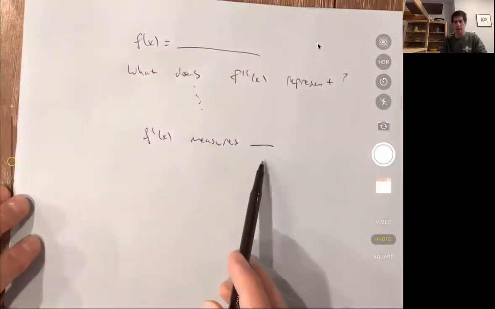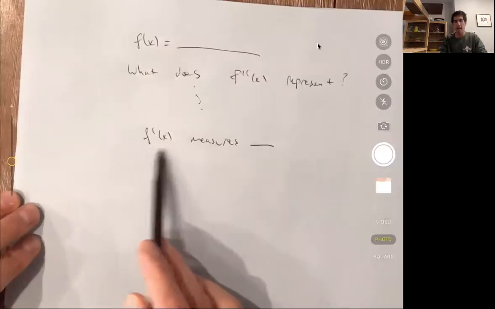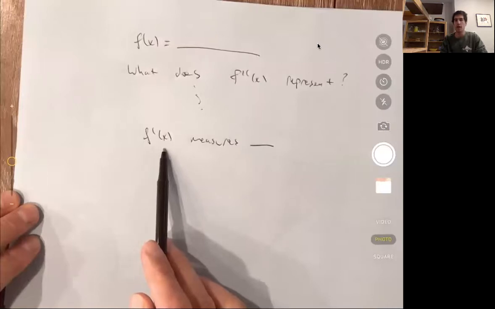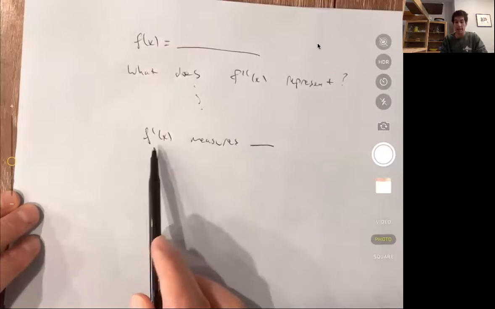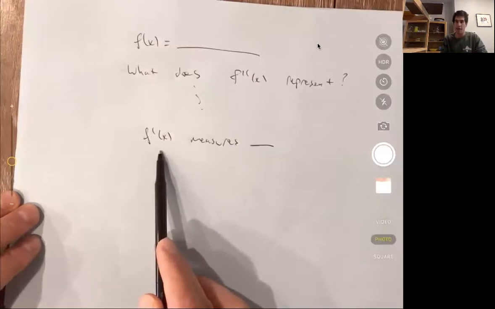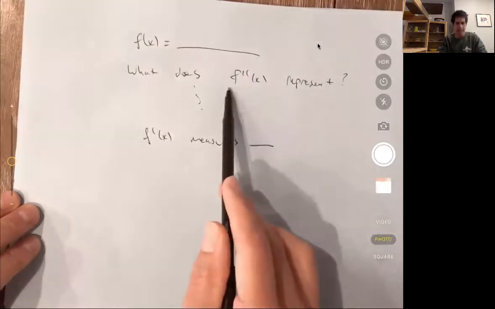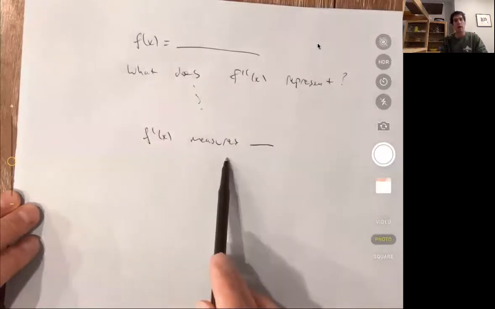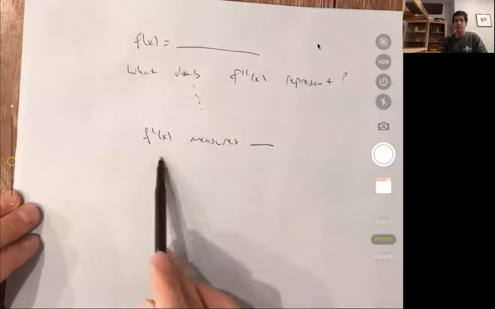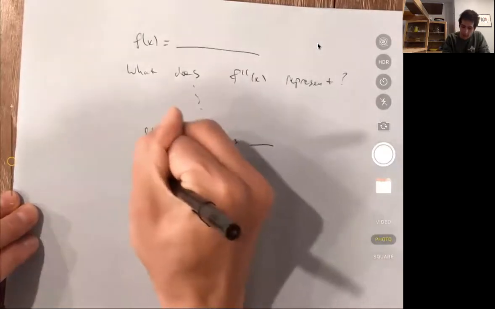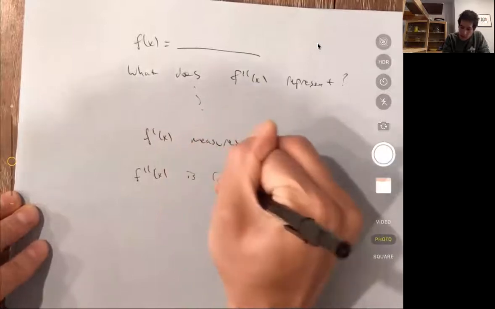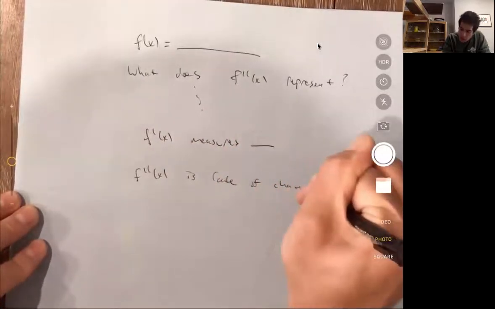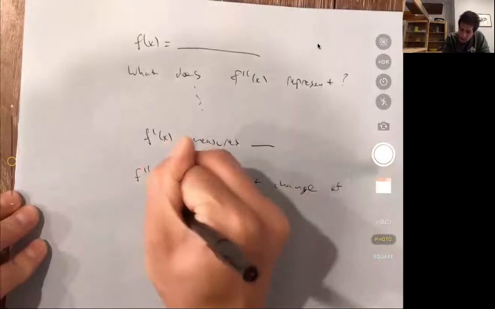And so if we understand f prime of x, to understand f double prime of x, what we should do is think about it as the derivative of f prime. So rather than thinking about it as the second derivative of the original function, I would write down what f prime of x measures, and then think about it as the first derivative of this new function. So f double prime of x is the rate of change of f prime of x.